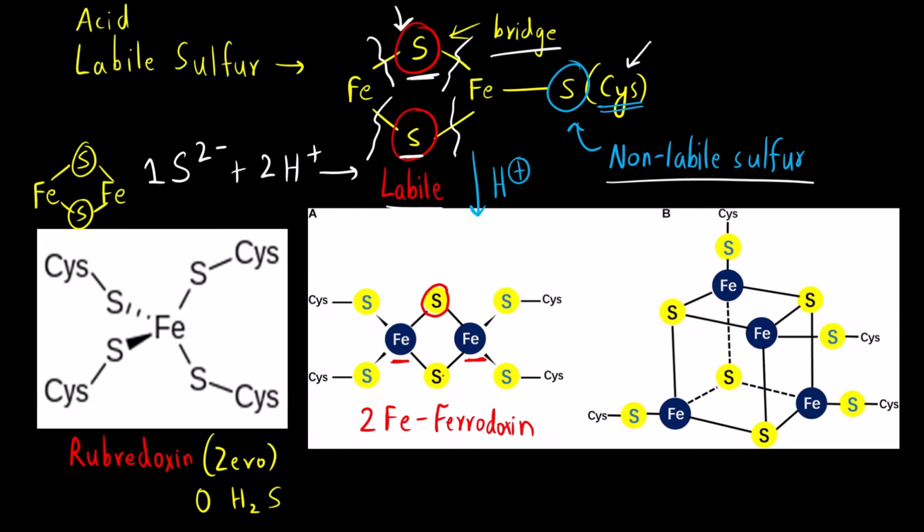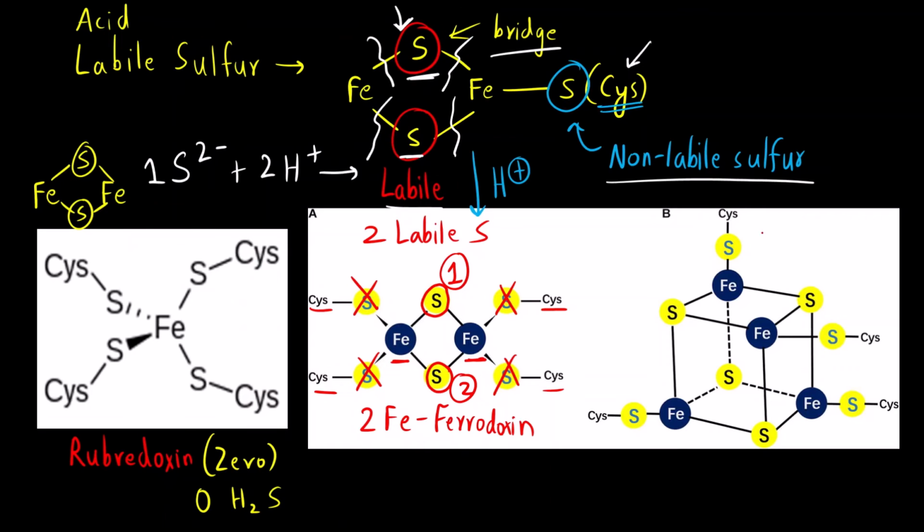This is a labile sulfur, and this is a labile sulfur. This is non-labile, this is non-labile, this is non-labile. All the sulfurs that are part of the amino acid residue are non-labile, and they will not be released. So here there are how many labile sulfurs? 1, 2. So in 2-Iron-Ferredoxin there are 2 labile sulfurs.